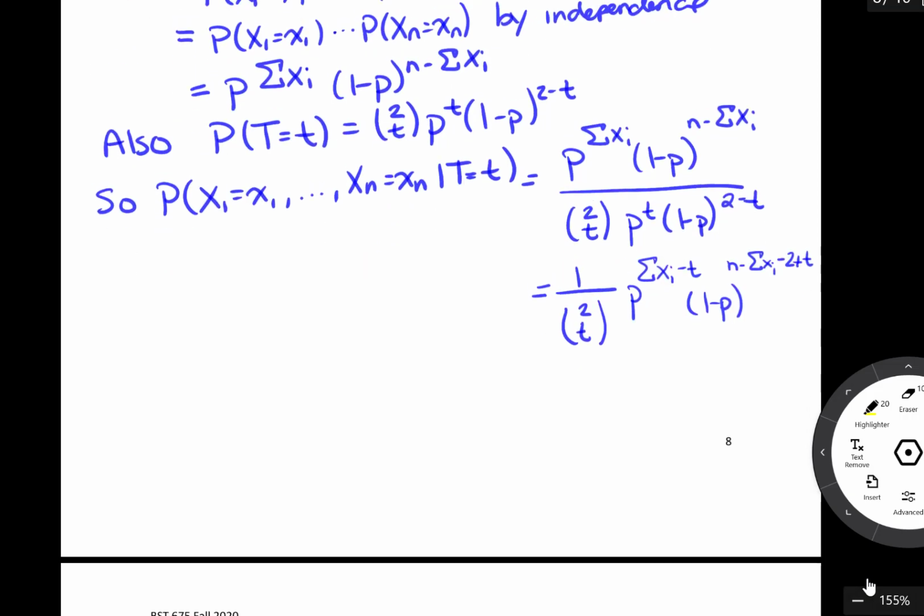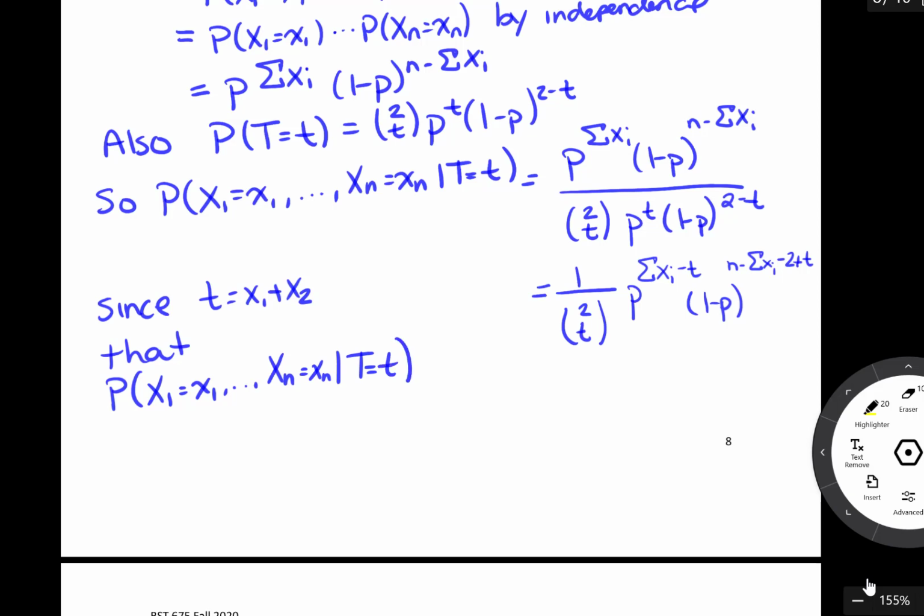Now, since T is equal to X1 plus X2, we can show by what we just had that the probability that X1 is equal to little x1, through Xn is equal to little xn, given T is equal to t, is equal to the following, which is a function of p.